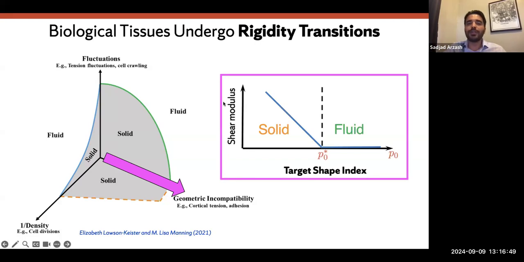So if I plot the shear modulus of this system versus the target shape index, which is a geometric factor of this tissue that I'm going to describe in a few slides, then along this axis of the phase diagram, we go from a solid-like to a fluid-like state. Solid is defined by finite shear modulus and fluid-like state is defined by zero shear modulus. And the critical point for this transition happens to be around 3.9 in this space.